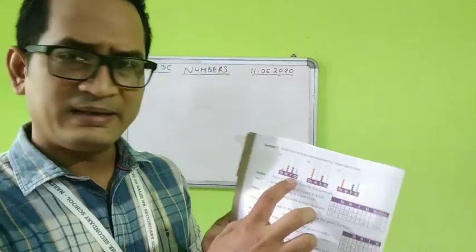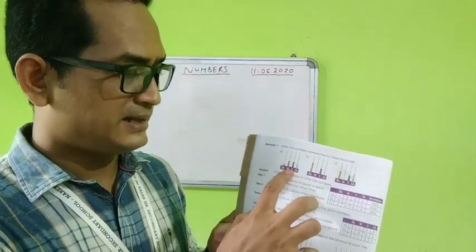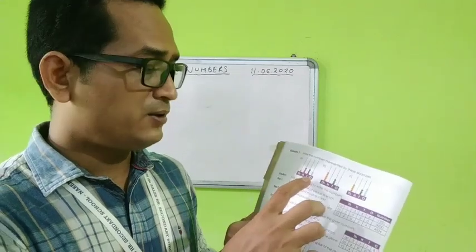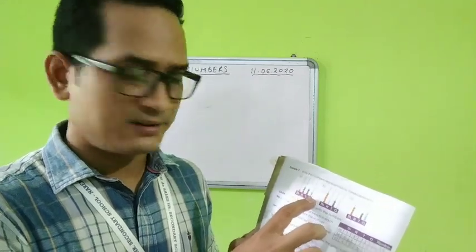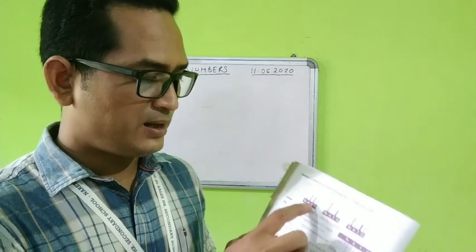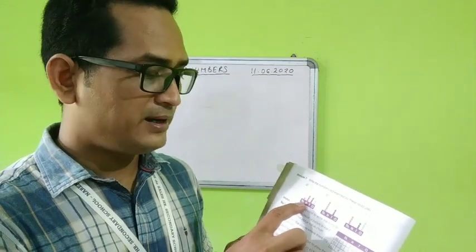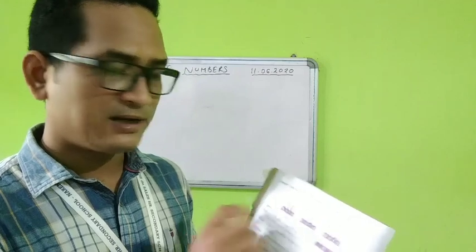Now students, you see the abacus given here in number A. The abacus places are ones, tens, hundreds, and thousands. Now you say how many beads are there. In the ones place there are 2 beads. In tens it is 3. In hundreds it is 3 again, and in thousands it is 1.